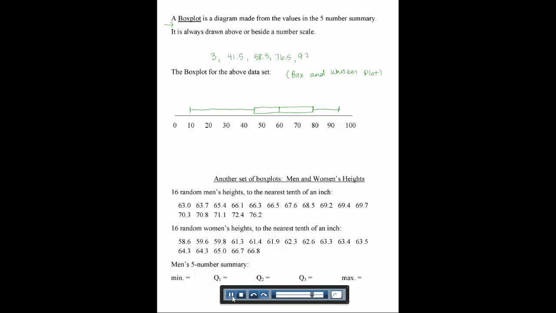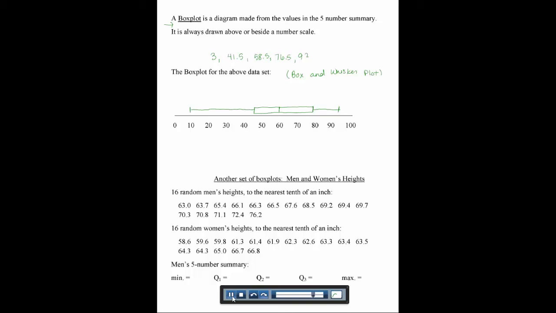Okay, so we'll do another example of this. And we'll see kind of why these are helpful. So here we have 16 men's heights and 16 women's heights. So on your calculator, you can pause the video. On your calculator, you want to find the 5-number summary for these 2 data sets.